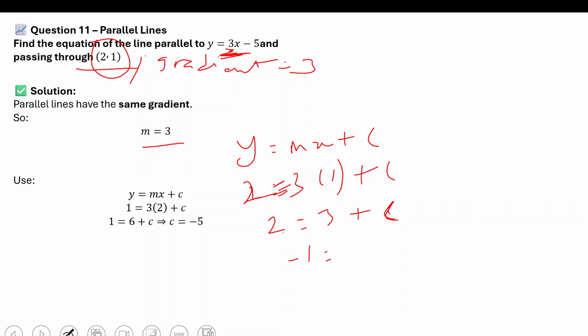C is equals to minus 1, right? If C is equals to minus 1, I can now come here and write this equation as y is equals to 3x minus 1.